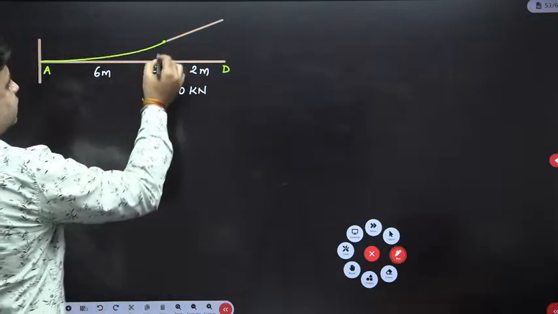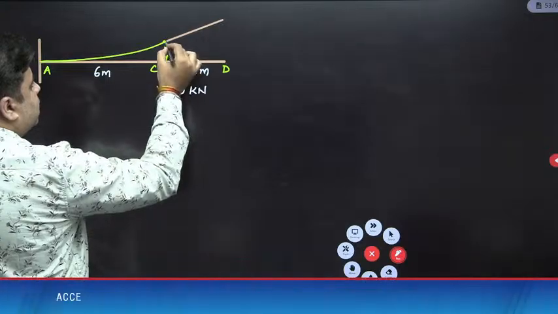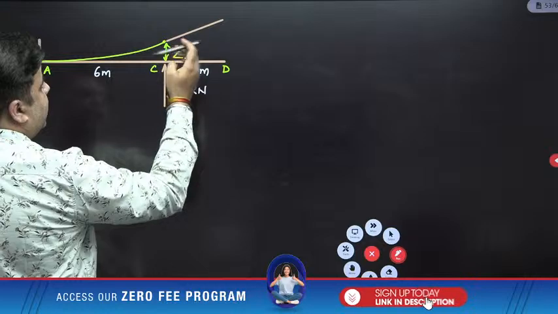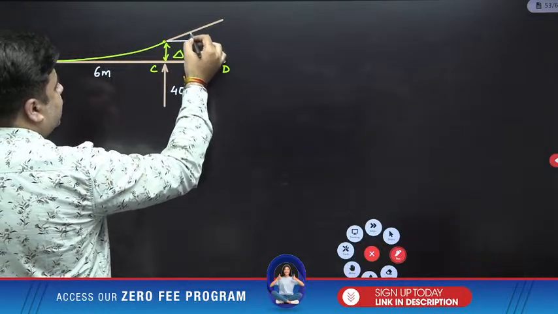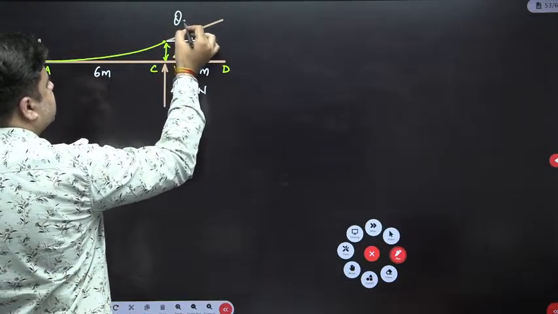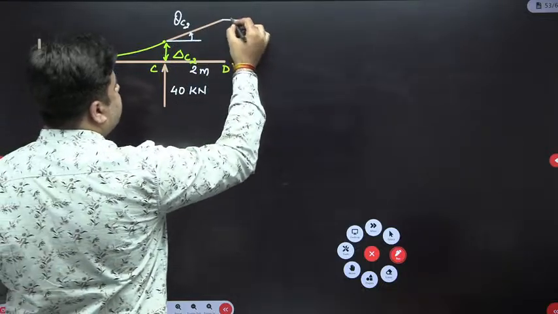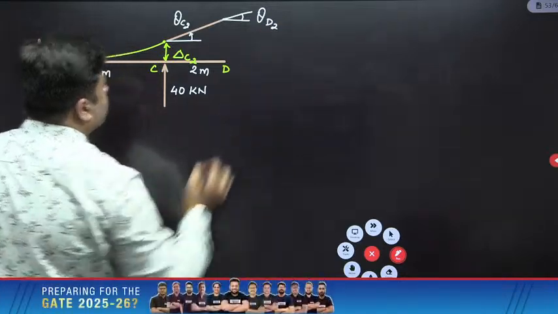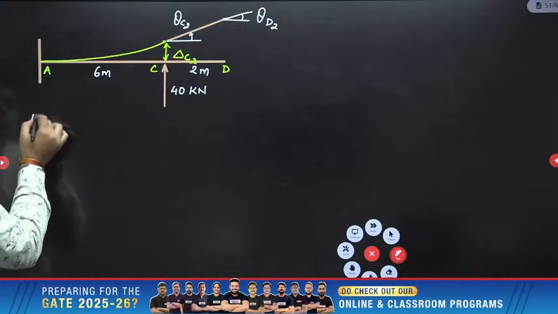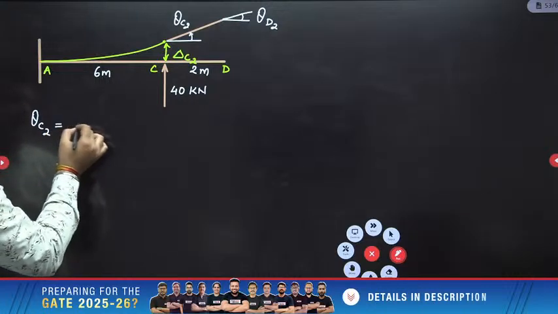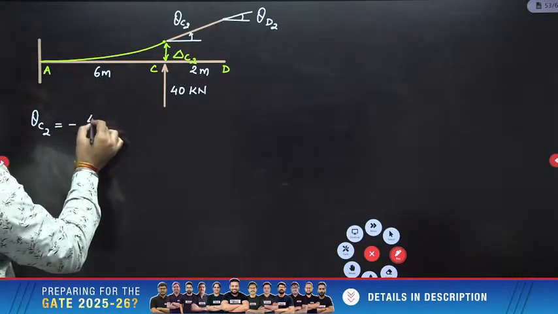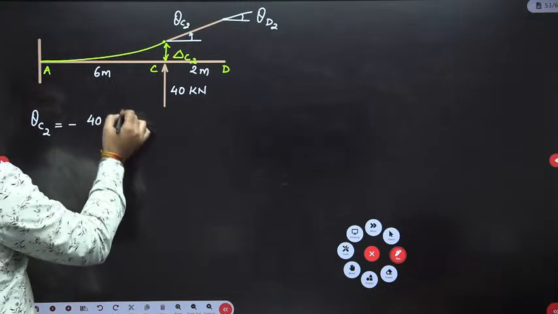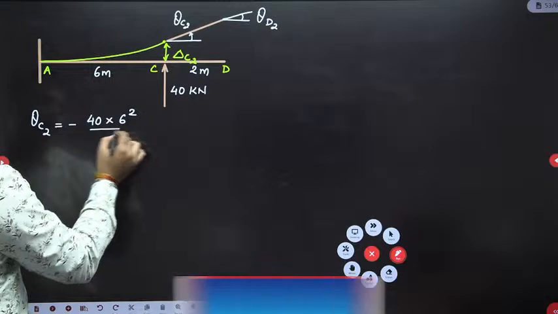Okay. So this is delta C2. And the slope here is in the anti-clockwise direction. So this will be theta C2. And we know that theta C2 will be equal to theta D2. So theta C2 is minus WL square upon 2EI. So W into L square, which is 6 square upon 2EI.